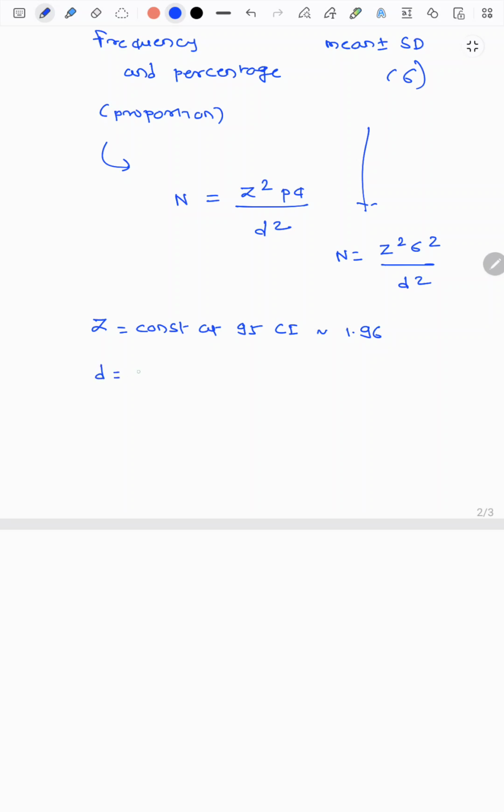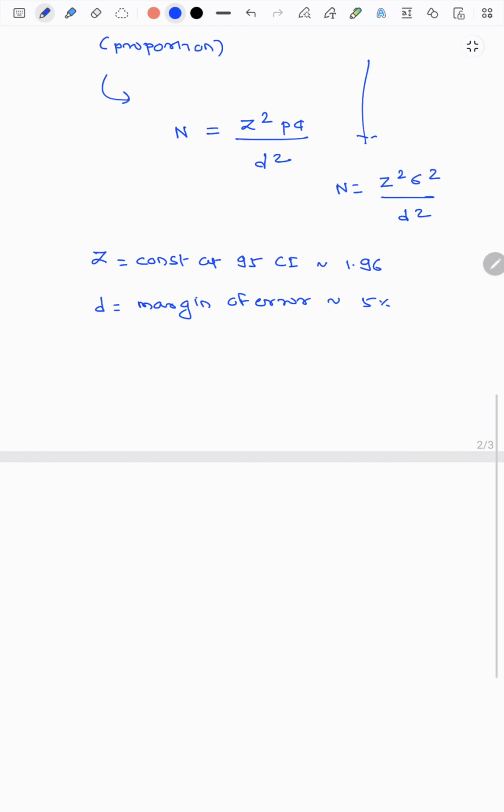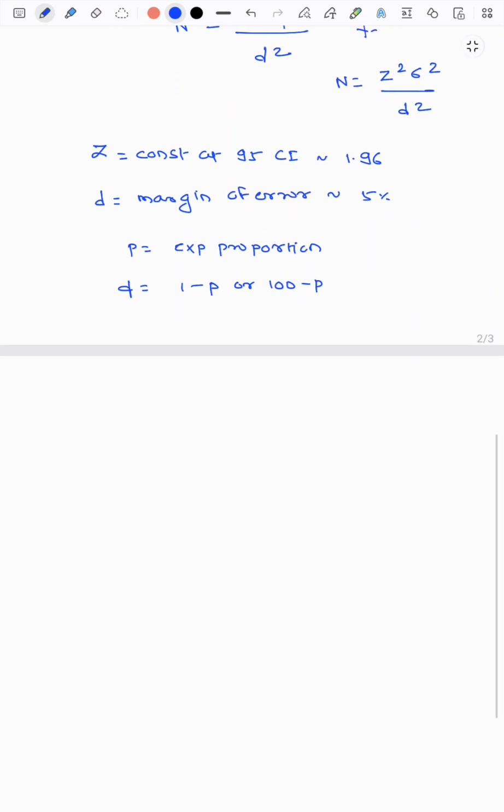D is margin of error, which is usually 5%. Now P is expected proportion and Q is 1 minus P, or 100 minus P. So in the hypertension example, if we have an expected proportion of 30%, Q will be 100 minus 30, that will be 70%. And sigma is standard deviation.